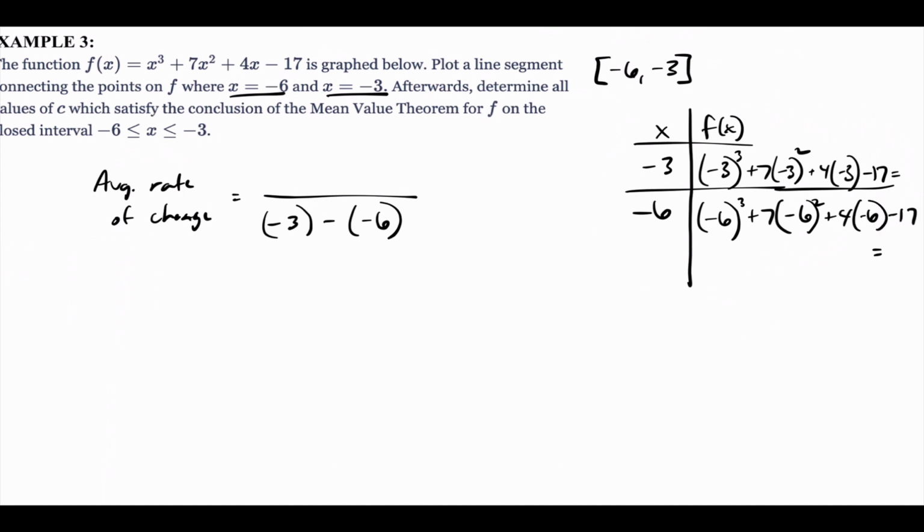That's not hard math, but it's a little tedious. To figure those out, you would just cube -3, which would be -27. Then -3 squared is 9, times 7 is 63. You would add them together and then subtract 12 and then subtract 17. So it's nothing you can't do, but for time purposes, let me jump ahead.